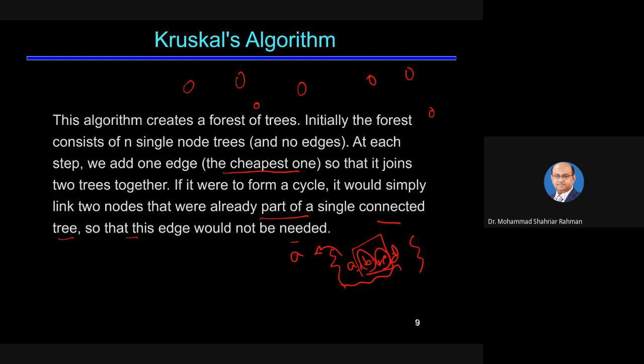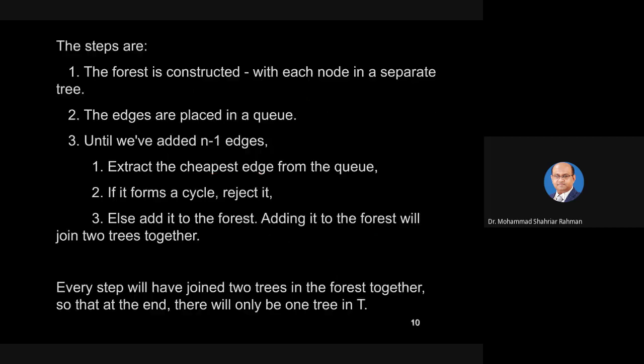So this is the idea then Boruvka's algorithm. So what are the steps? We construct the forest. Forest is constructed with each node in a separate tree, and then each such edge they are placed in a queue, and we then run a loop until we have added n-1 edges, extract the cheapest one, the cheapest edge from the queue.